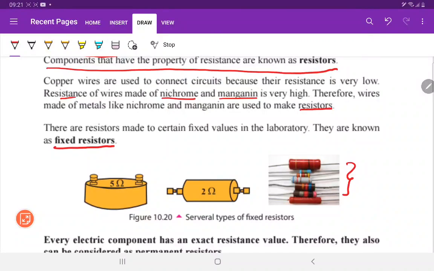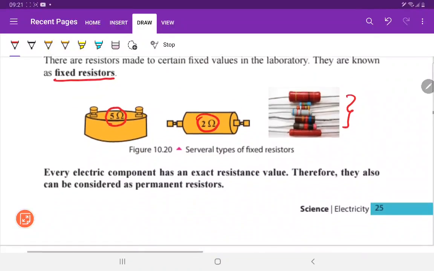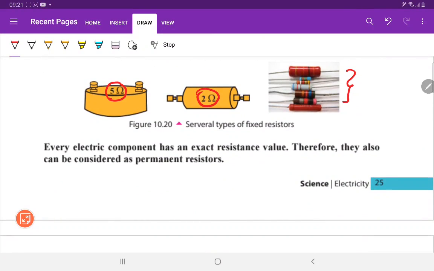with different values of resistance. For example, this resistor has 2 ohm. Ohm is the unit used to measure resistance. Here this resistor contains 5 ohm. Every electric component has an exact resistance value.